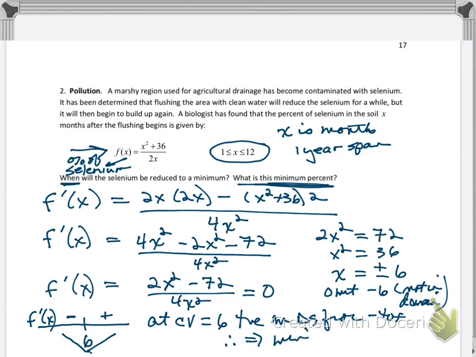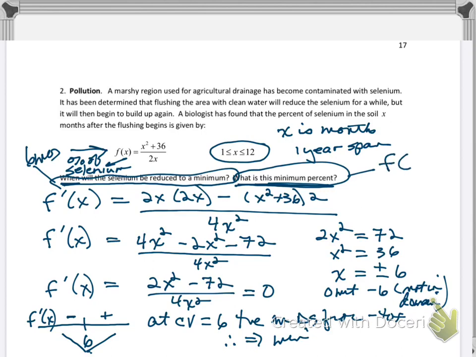So to answer the first question, when will the selenium be reduced to a minimum, you would say at 6 months. And then to answer the next question, what is the minimum percent? You have to figure out f of 6, and you end up also getting a 6, but now it's 6%. So 6% is the minimum percentage that will be in the soil.